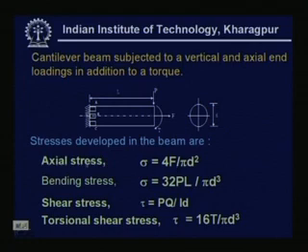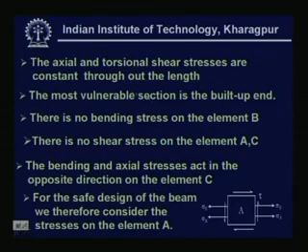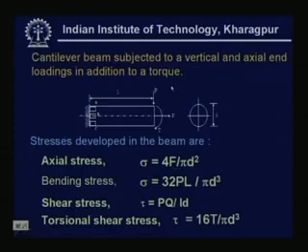Now, bending stress we have learned was My by I. If you substitute the value of M as P multiplied by L, considering the section just at the end, because the maximum bending moment occurs when L is maximum, we get the bending moment at the end as P into L. Substituting all the values, we get an expression for bending stress as given here.